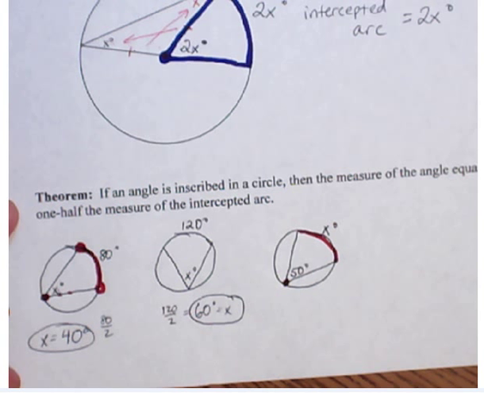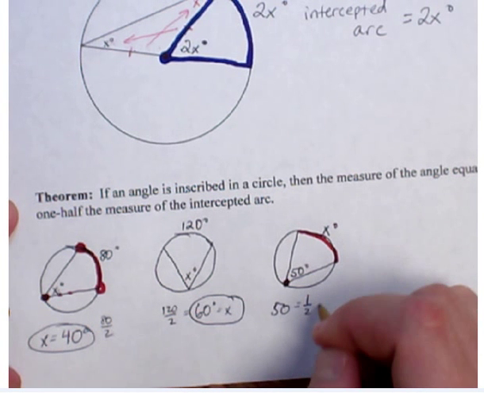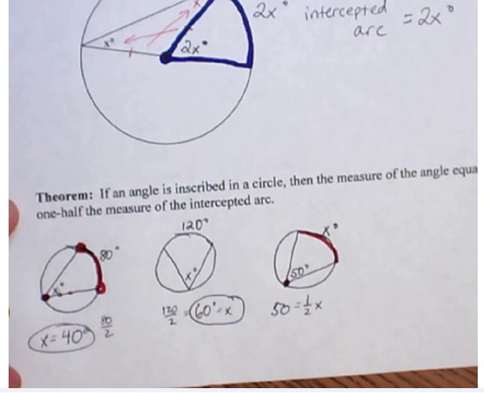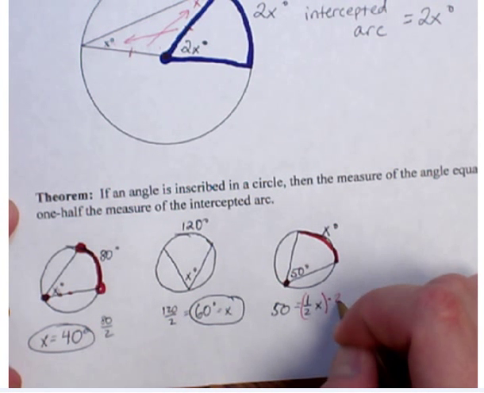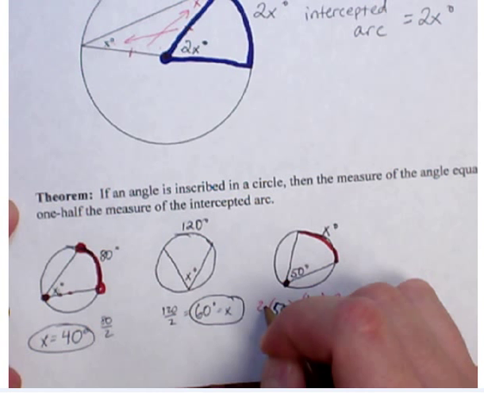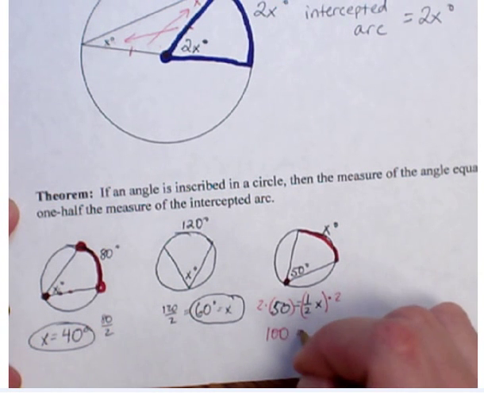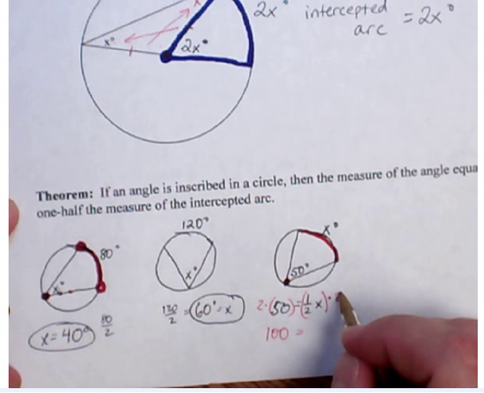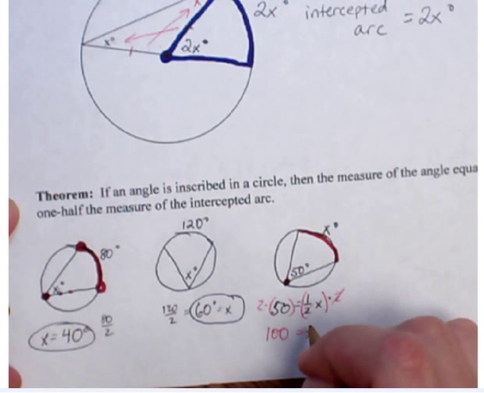Well, we know that 50 has to be half of x. 50 equals half of x. If you want to solve that equation, all you have to do is multiply both sides by 2, and you get 2 times 50 is 100. And then 2 times 1/2 reduces to 1, equals x. So x is equal to 100.